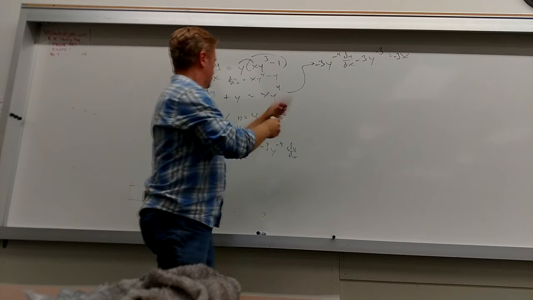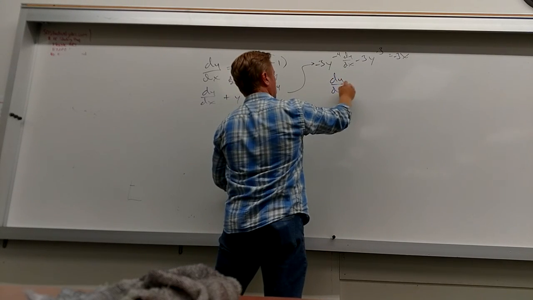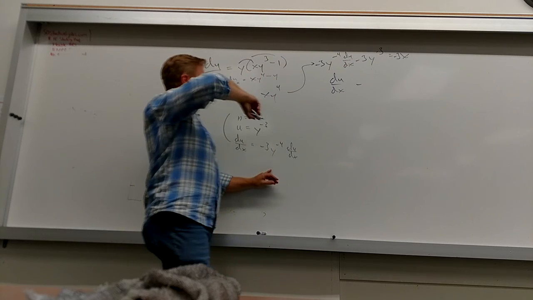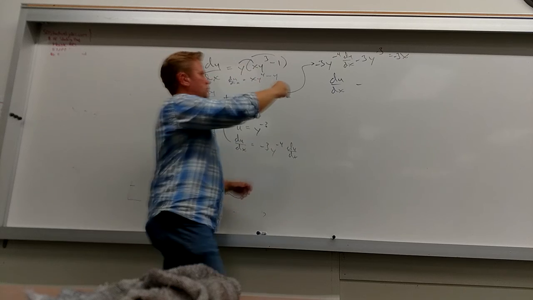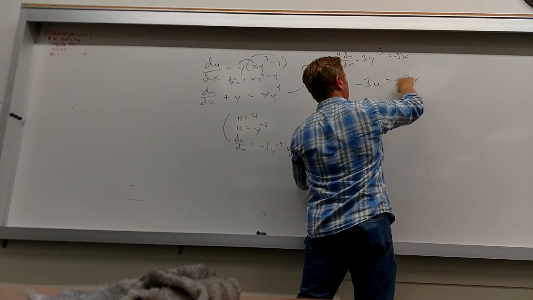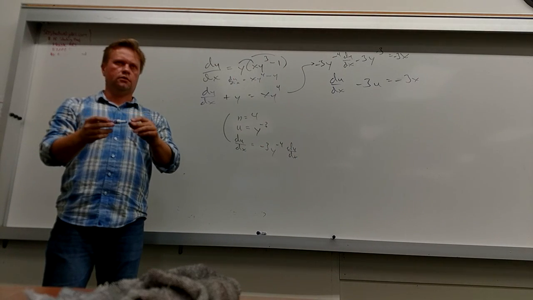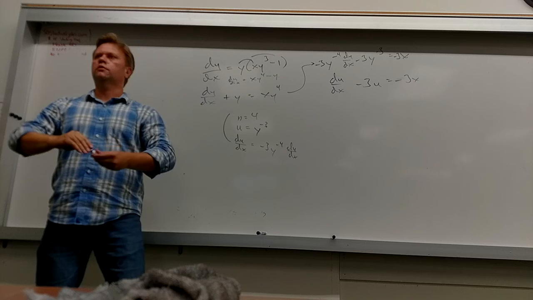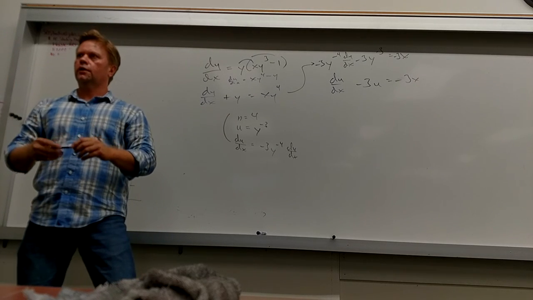So now I get du dx minus 3u equals negative 3x. That's always nice. And now it's linear in u, so now I can attack it with an integrating factor. I like it.